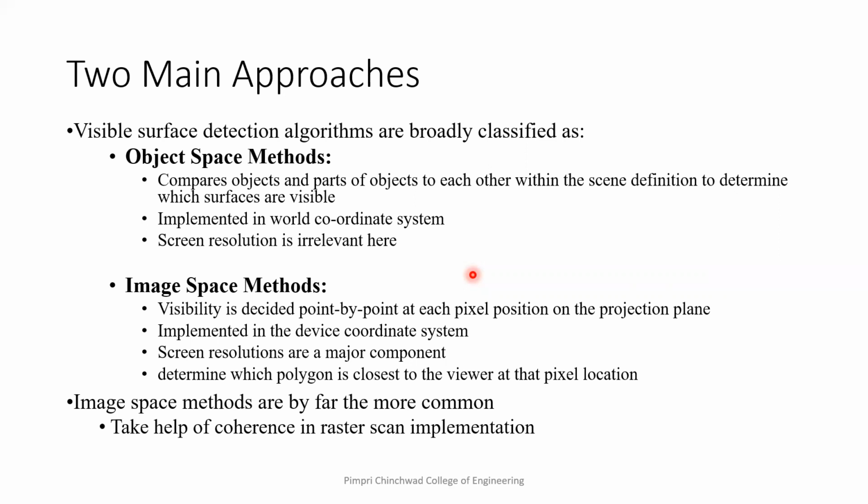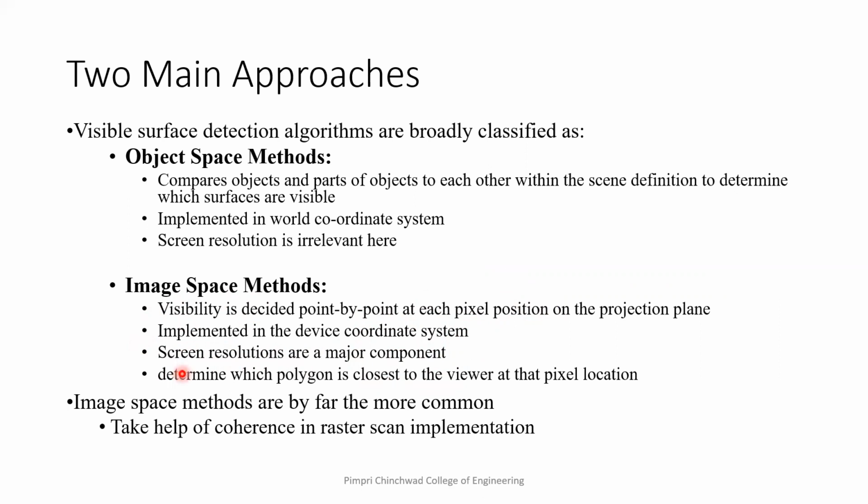On the other hand, in the image space methods, what will we do? The visibility will be decided point by point at each pixel position on the projection plane. So basically this is implemented in the device coordinate system. And as we are checking each pixel position, we can see that screen resolutions are a major component here.